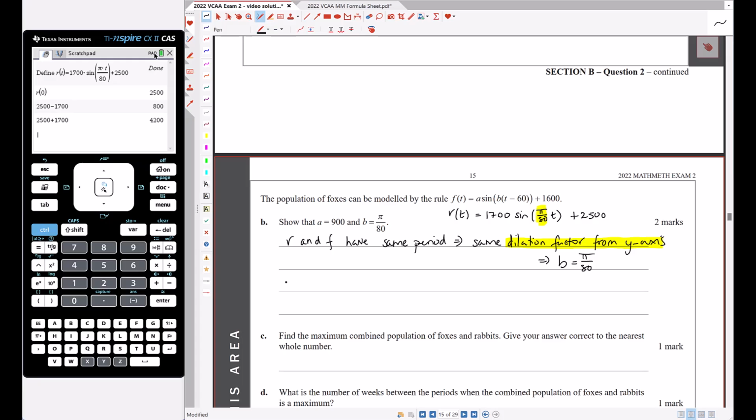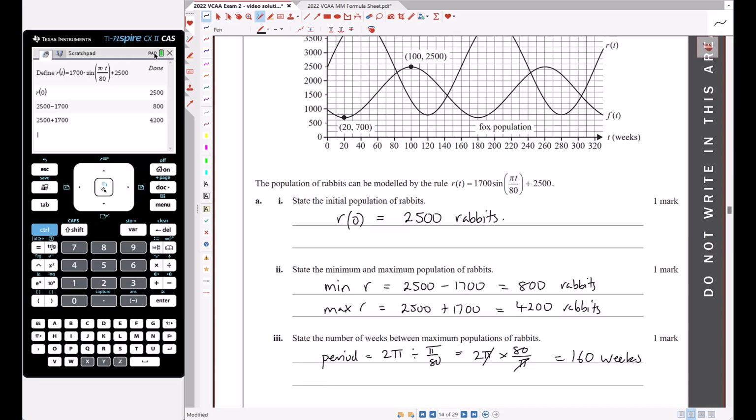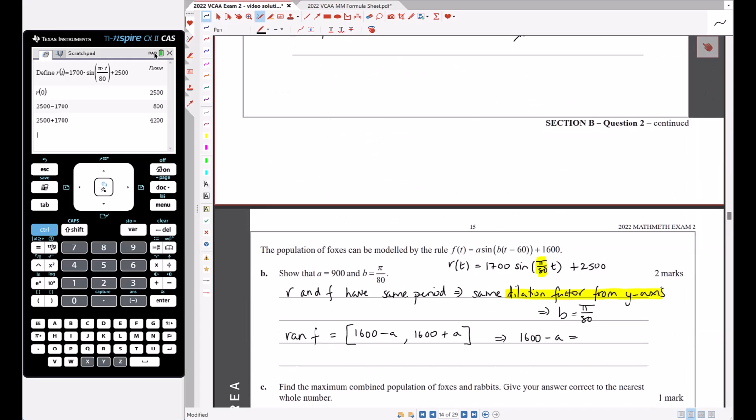So we know that the range of F is going to be 1600 minus A to 1600 plus A. Which implies that 1600 minus A has to equal our minimum, which we're told was 700.